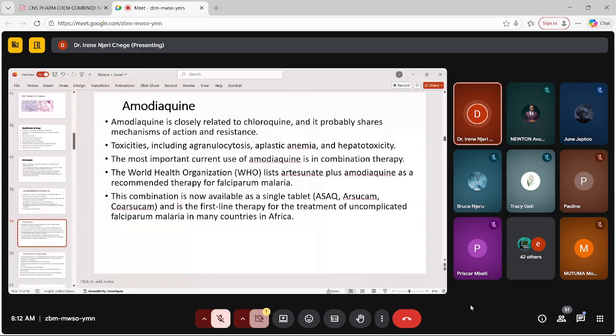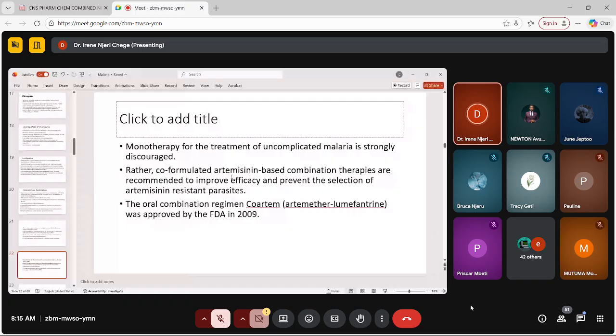So monotherapy again is not encouraged. Many of these drugs we don't give as monotherapy. And I have mentioned the national guideline for treating malaria in Kenya is AL. That means an artemether-lumefantrine combination.